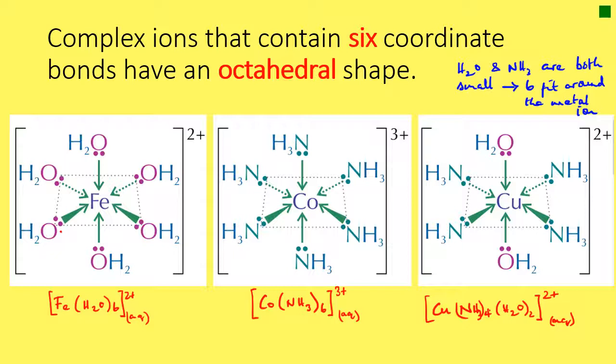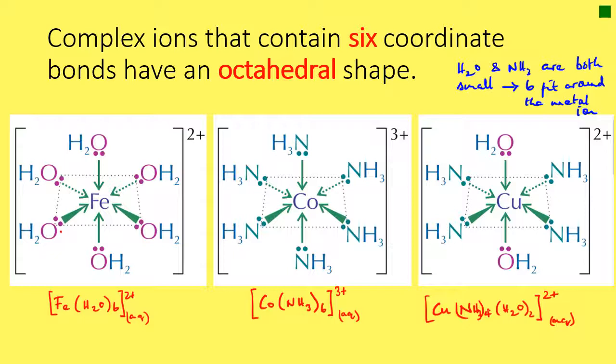And then we've got 2 dotted arrows, and they are representing water molecules from behind the plane of the slide, coming forwards towards the iron. And then we've got 2 more ligands, one on the top, one on the bottom, both in the plane of the slide. And so you can see that is an octahedral shape.